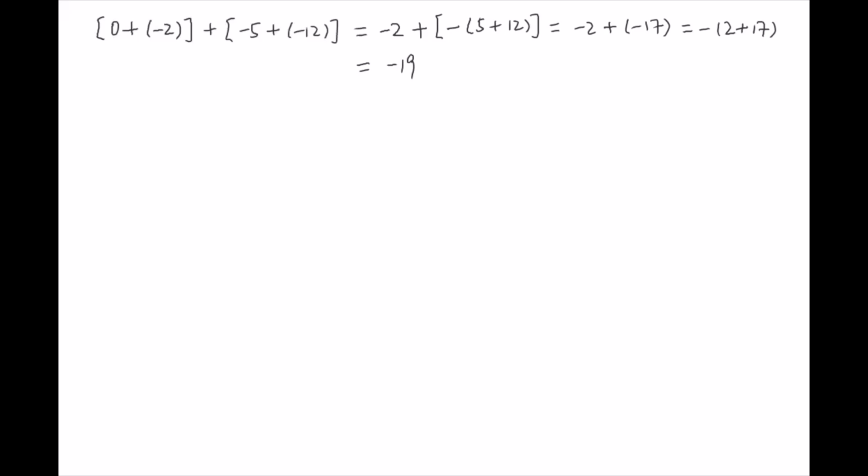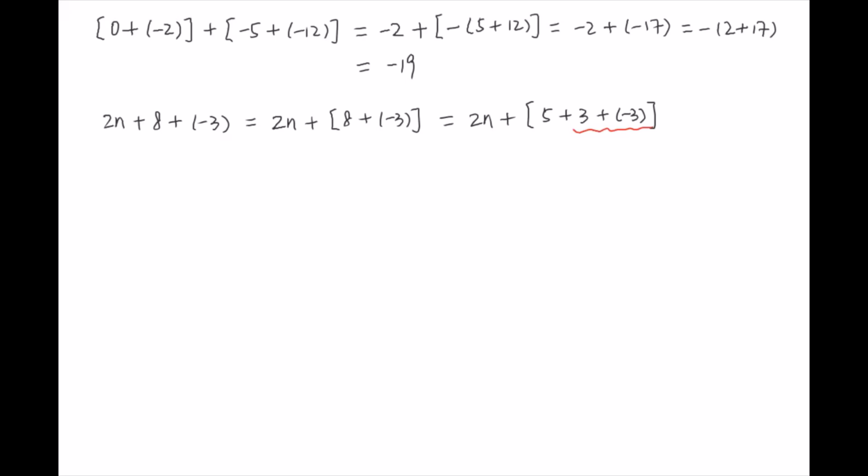Now let's see some examples including variables. 2n plus 8 plus negative 3 equals 2n plus, we group these two terms together because they are just pure numbers, equals 2n plus, inside is 5 plus 3 plus negative 3.